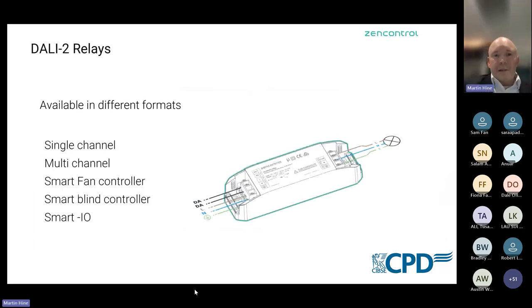DALI relays. So there's a range of DALI relays that can be used for various functions, such as switching of loads for non-DALI light fittings, for example, solenoid valves for BREEAM applications, fan controllers, blind applications.